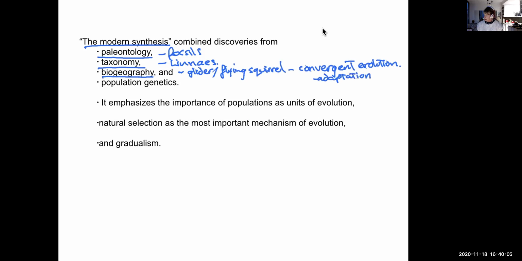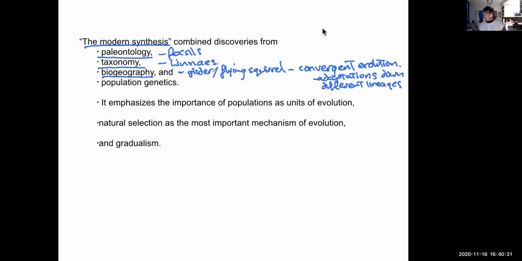Adaptations down different lineages. So the flying squirrels came down a lineage of placental mammals, and the gliders came down a line of marsupial mammals. But the adaptations are similar, so it's called convergent evolution.